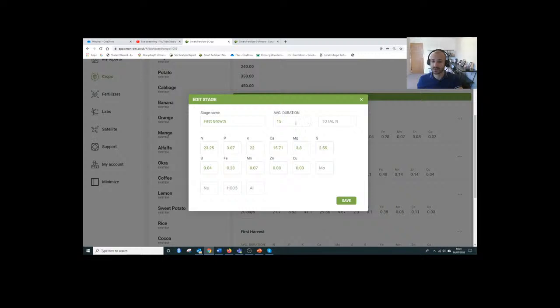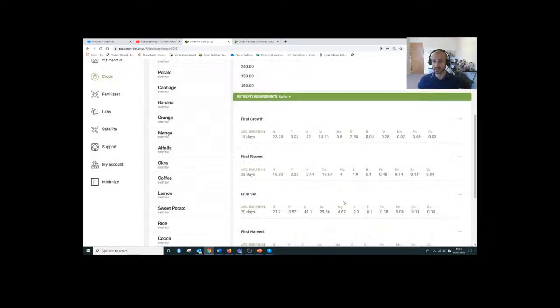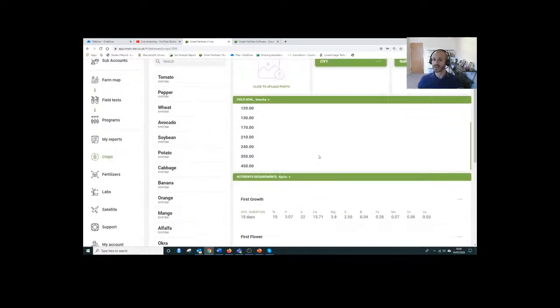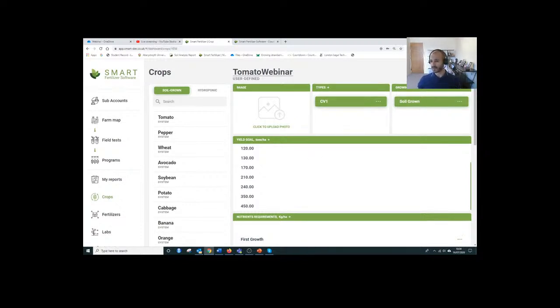For example, in the first grow, maybe your cultivar has specific requirements of nitrogen. It's not going to require that much. Maybe it's requiring only 15 kilograms of nitrogen. So you're saving it, and as you can see, it's changing. You click on save, and it's saved. And this is your user-defined crop, user crop. This allows a very good flexibility. So even if we are lacking something, even if we are growing something very particular, you can create your user crop.